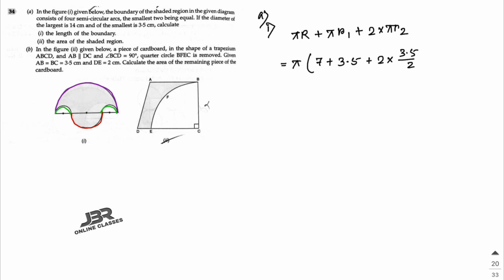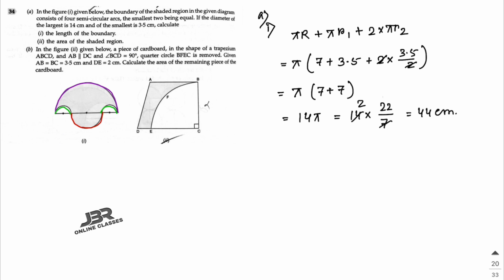Again 2 cancels out. So pi into 7 plus 7, that equals 14 pi. 14 pi means 14 into 22 by 7, so it's 2, and 44 centimeter as your final answer.